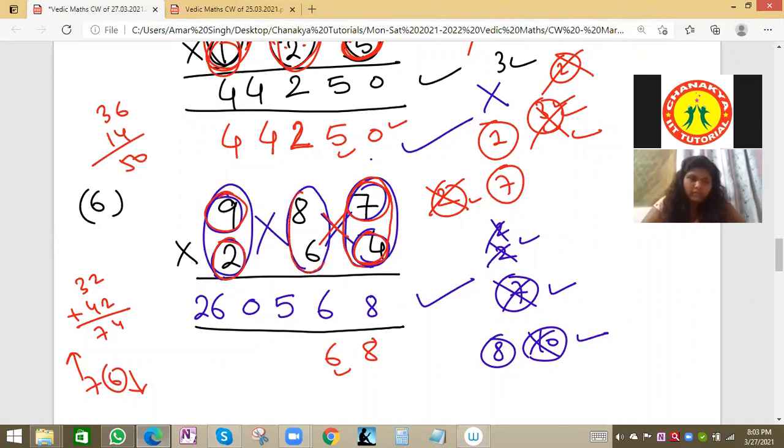And then we'll multiply this one, the middle value, 8 6 ja 48. 50 plus 48 will be 98. At the end we have to add carry also. 98 plus 7 will be 105.